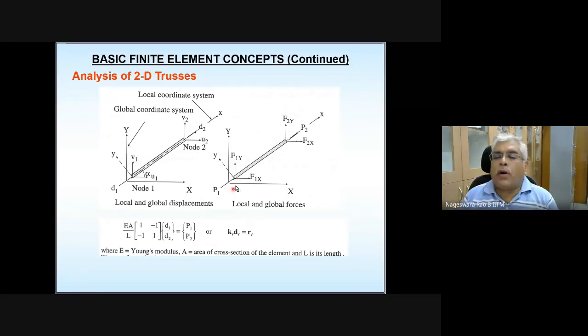Inclined with respect to the horizontal axis as well as the vertical axis. So another coordinate system is defined, capital X, capital Y. The capital X, capital Y coordinate system is like a global axis, a global coordinate system.